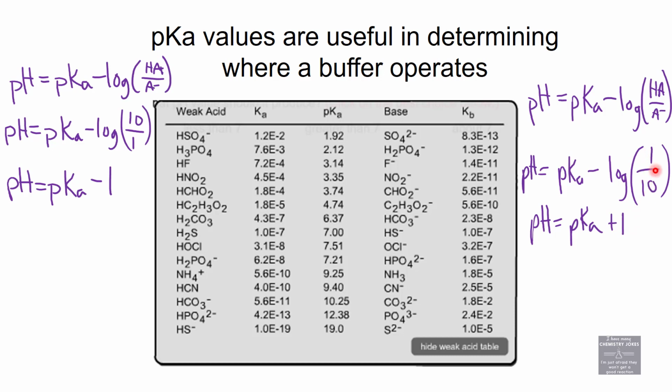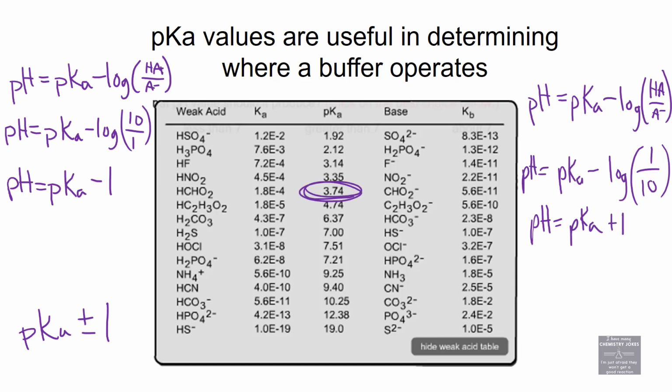But if you have a ratio that's far outside of this 10-to-1 ratio, that starts to be too much, and the buffer can no longer absorb that much strong acid or strong base. So we say a buffer operates in the range of pKa plus or minus 1.